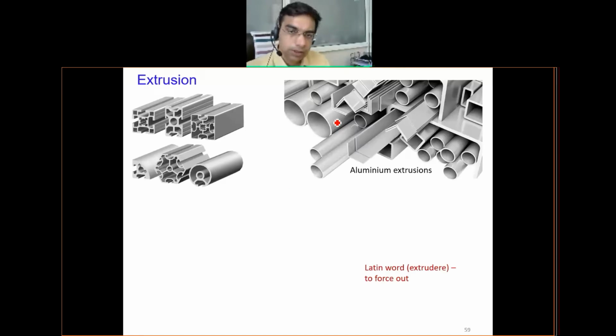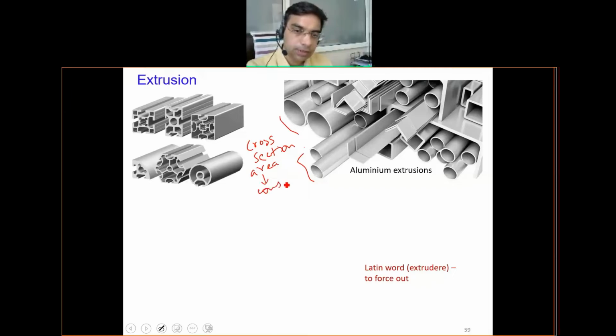In extrusion, you see the examples of the products which are made. These products have almost constant cross section area. So these types of products are made using the extrusion process.